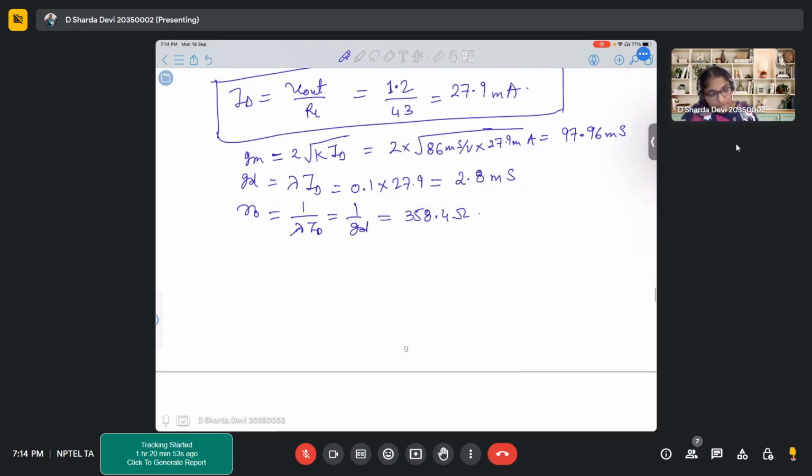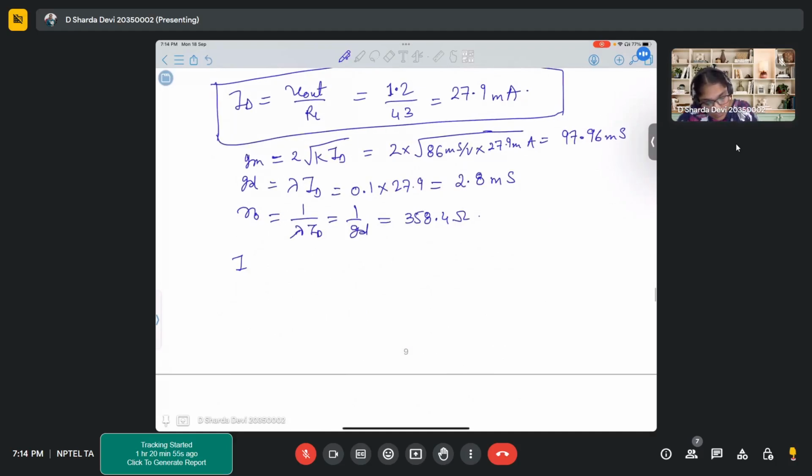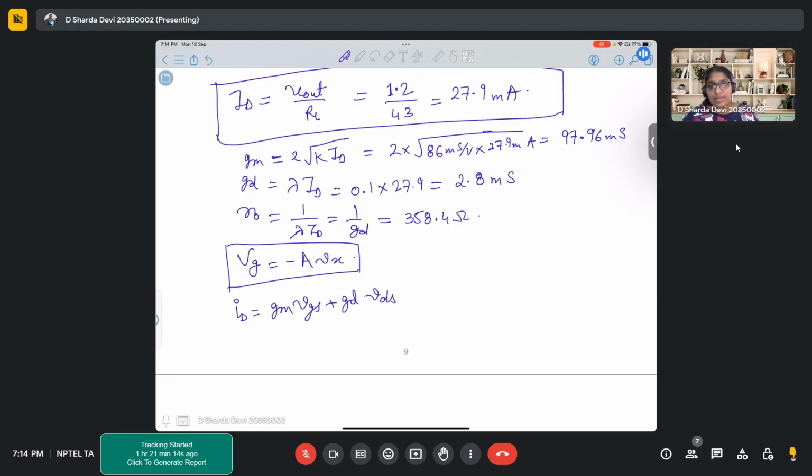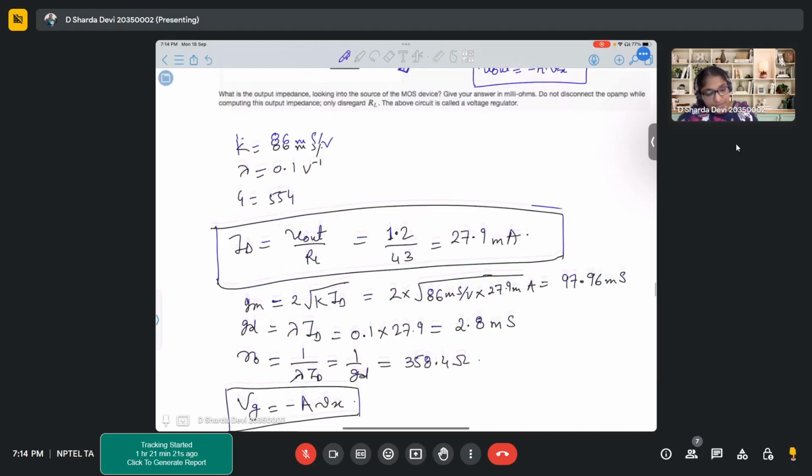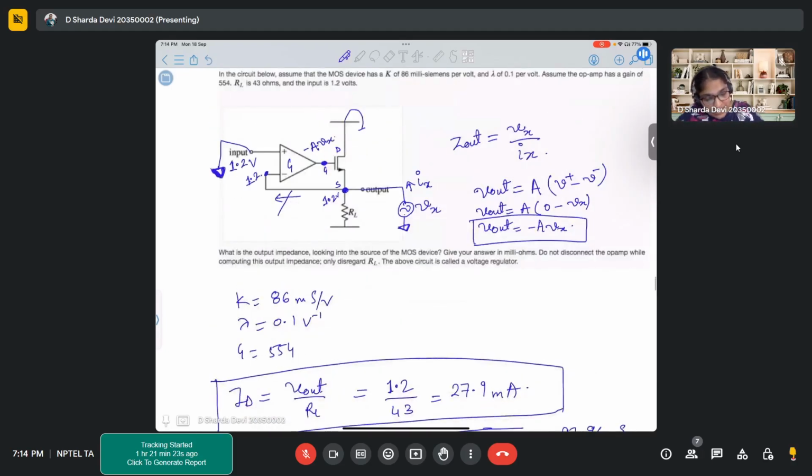We know for a transistor, first, Vg is equal to minus A into Vx. From small signal analysis, we already know that ID equals GM times Vgs plus GD times Vds. Now here your VD is AC grounded.